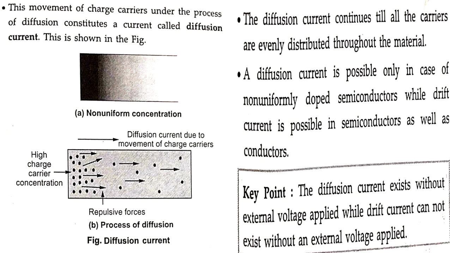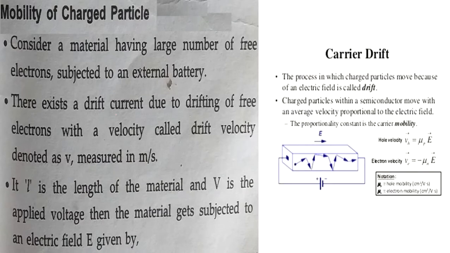The diffusion current can exist without the external voltage, and it is due to the concentration gradient. But the drift current cannot exist without the external voltage. The drift current will be generated when we apply the external voltage across the semiconductor bar.